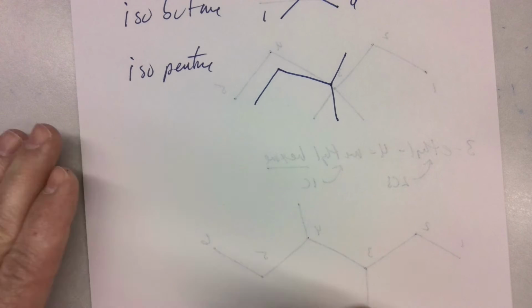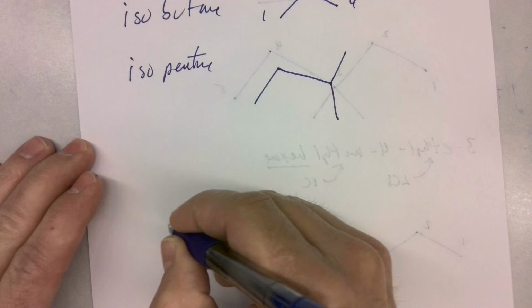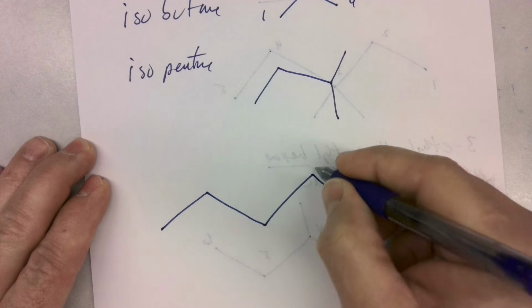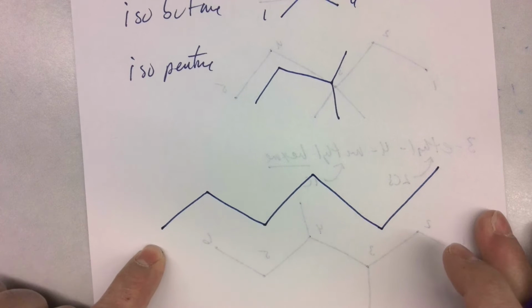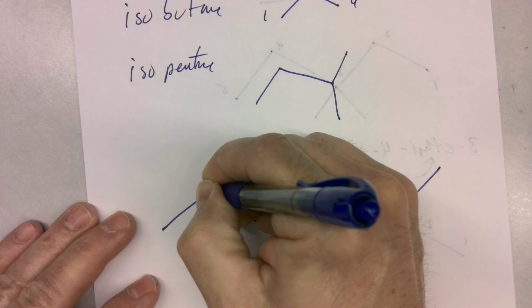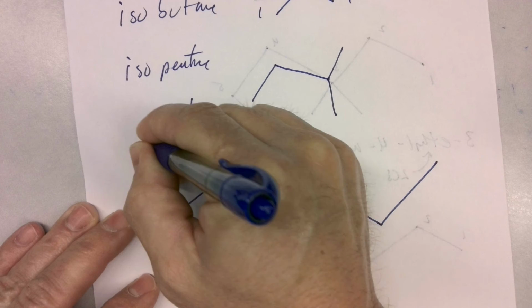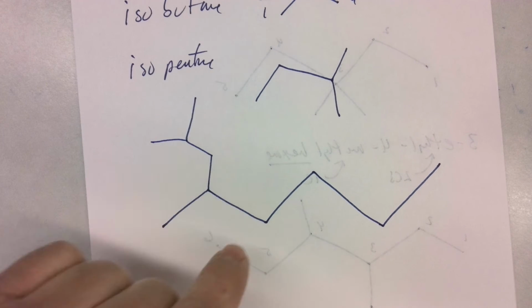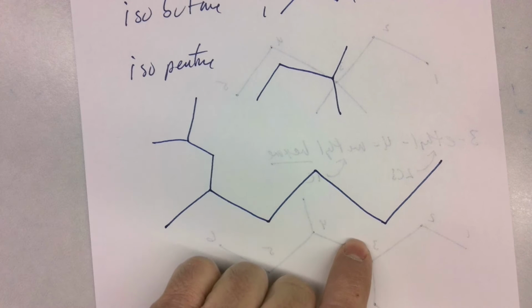So like, I couldn't do this. Let's say I gave you hexane, right? I couldn't have, like, 2 isopentane. I couldn't. Because now, that isopentane actually becomes my what?